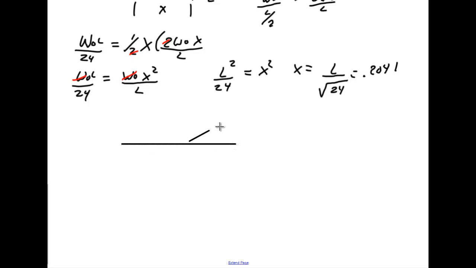Okay, so what that means is, again, draw the line, when I get over here to this distance, I've got this force coming up here, so this length here to here will be L plus that.